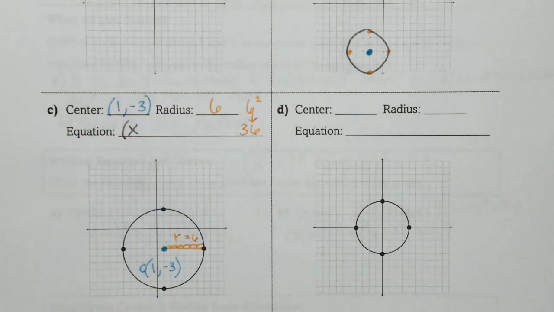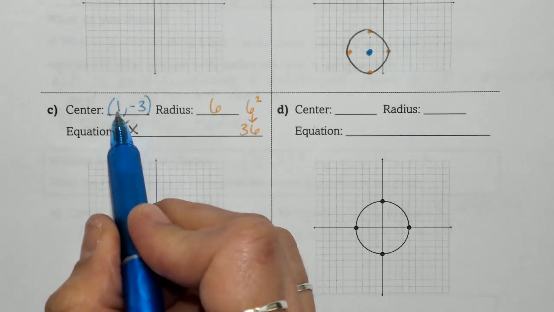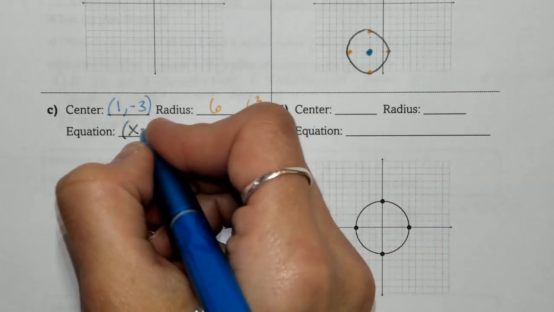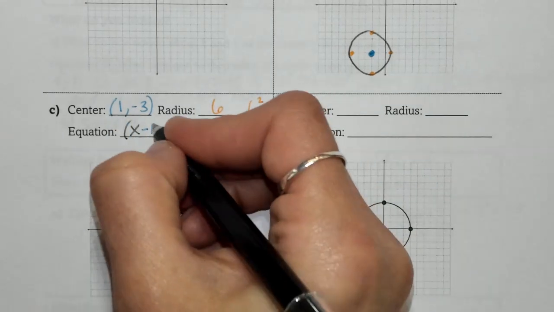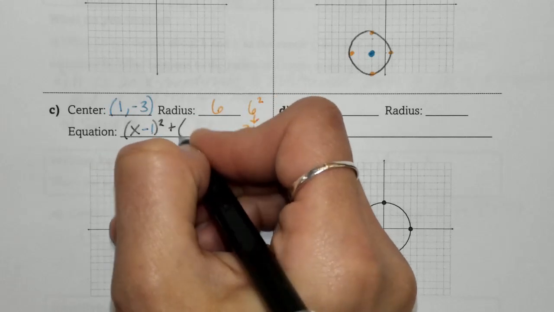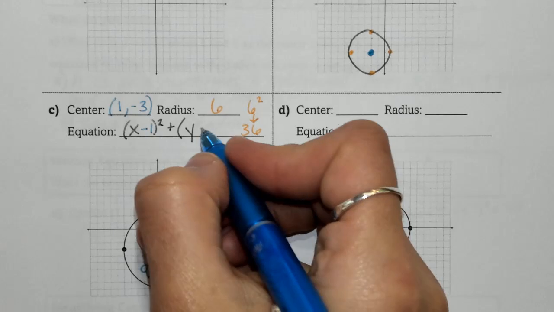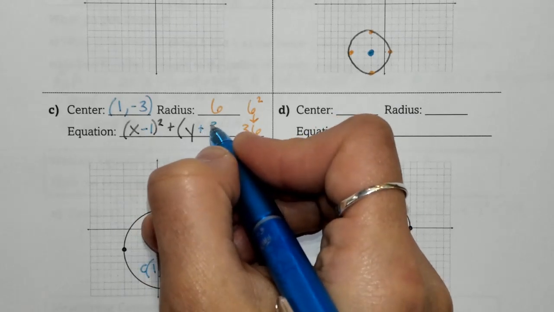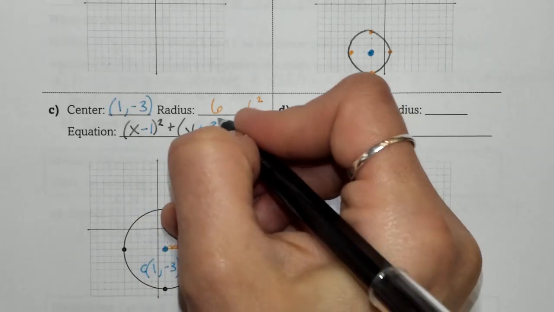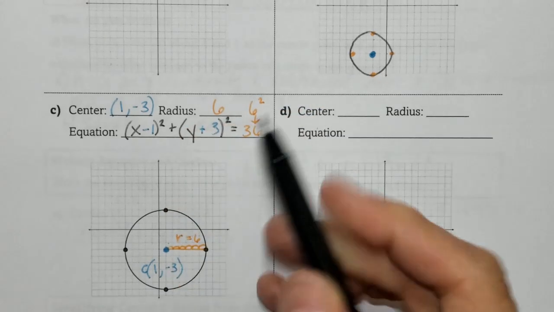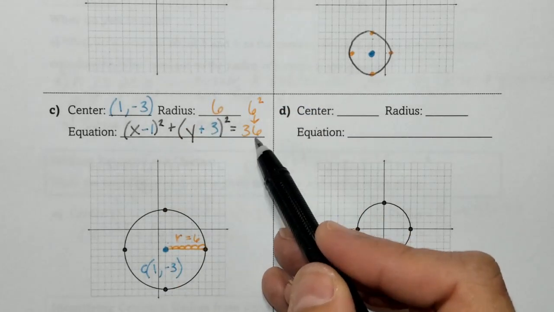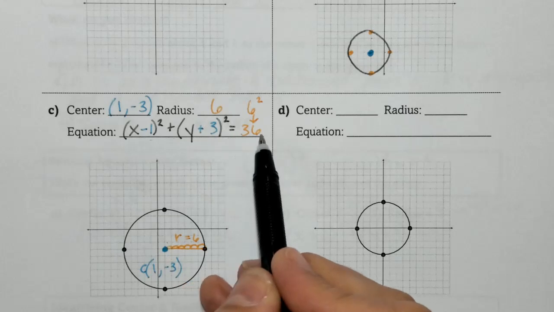Now we want to change the sign. Take h, 1, change the sign. -1 squared plus y. We had a -3. We now want to change the sign to a +3 squared, all equal to the radius squared. So we're all right here on this line. There is our equation.